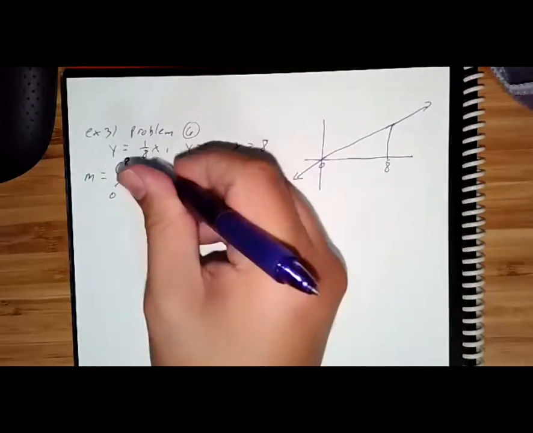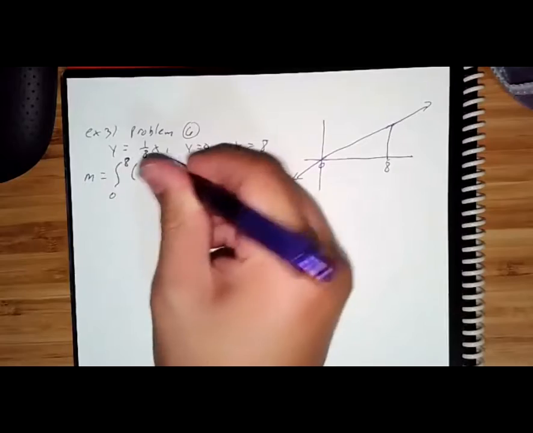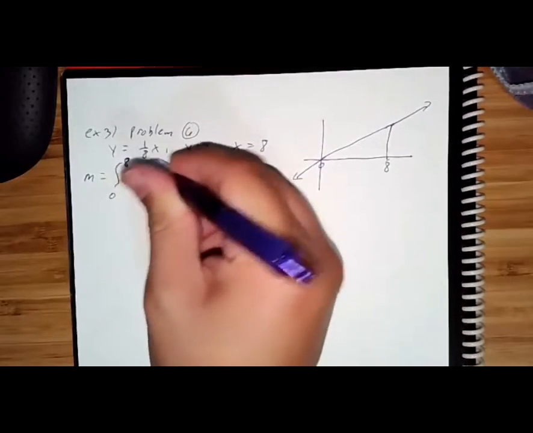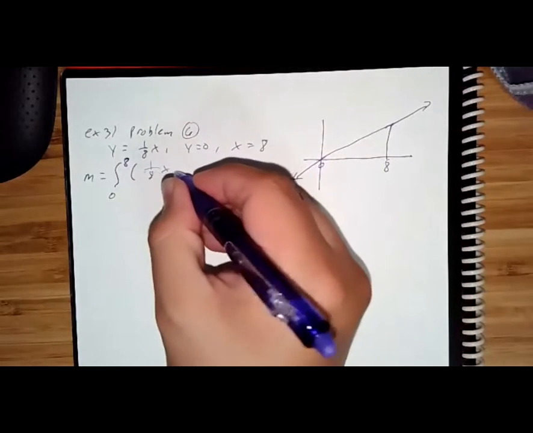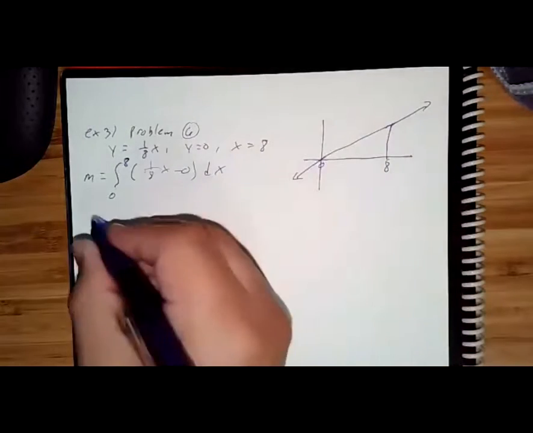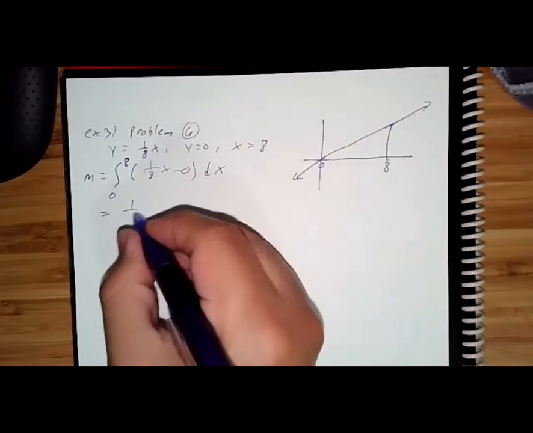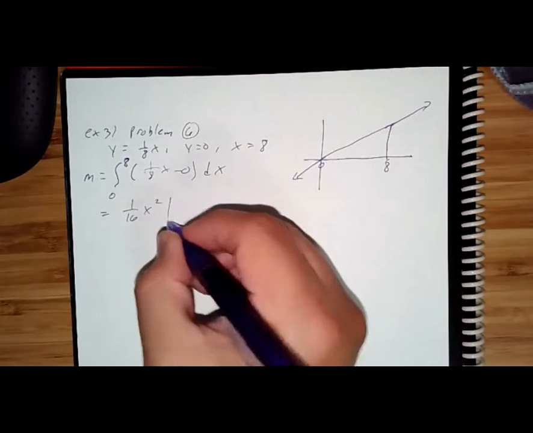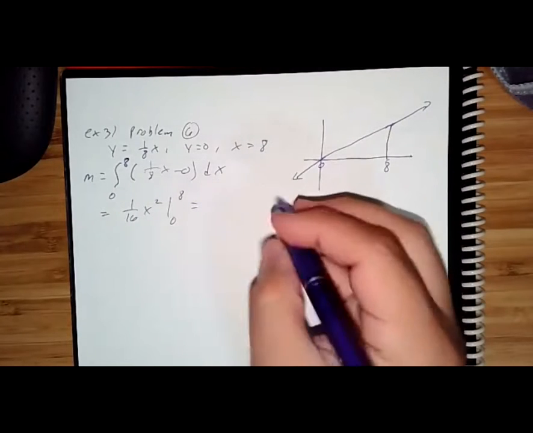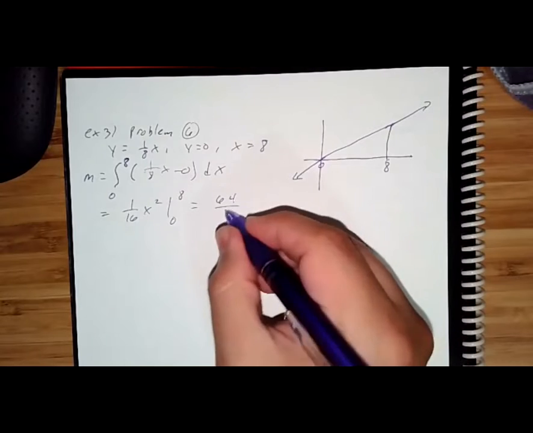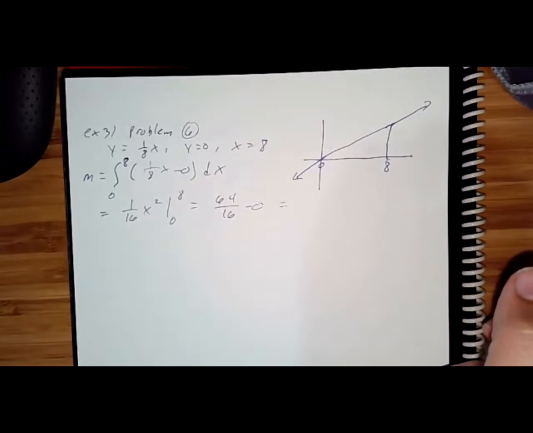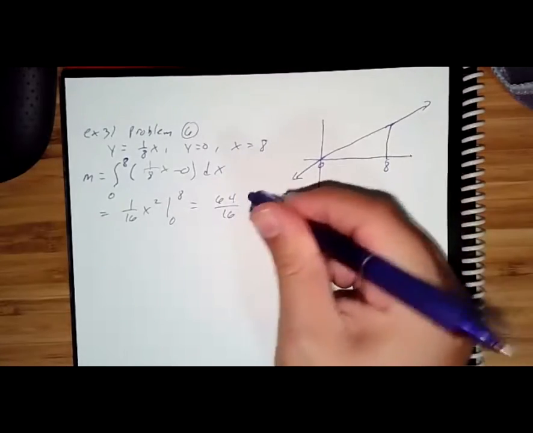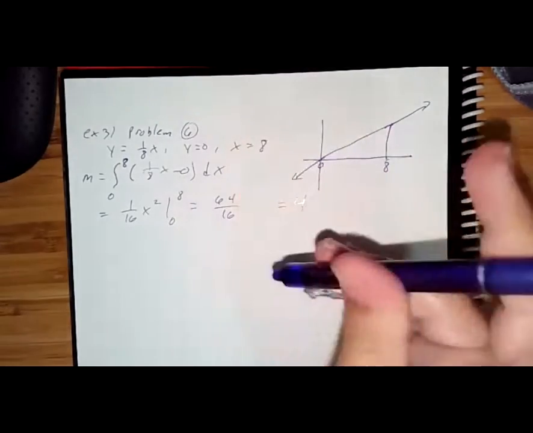Yes. Okay, so which one's f? 1/8 x. Yeah. So the integral of 1/8 x minus 0 dx will be 1/16 x squared from 0 to 8, which is 64/16 minus 0, which is 4.